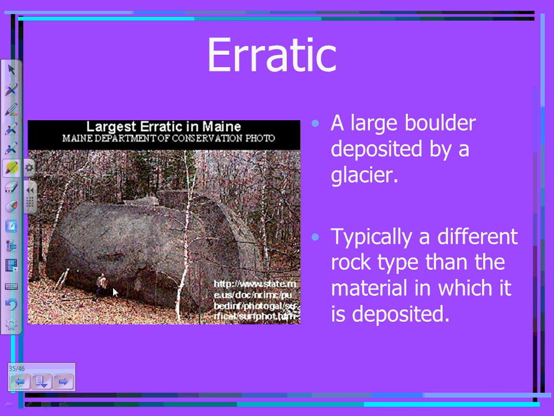If you look for scale here, we've got guys standing in the foreground, and this is a pretty big erratic or boulder that was transported by a glacier. Typically it's a different rock type too, because it's been moved. A lot of our erratics in northern Wisconsin come from Canada, from the Canadian Shield deposits, and they're not the same rock as is underneath the erratics.